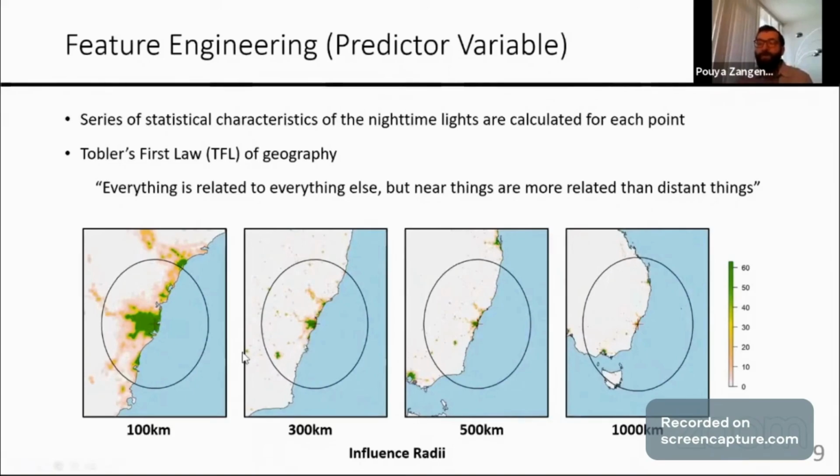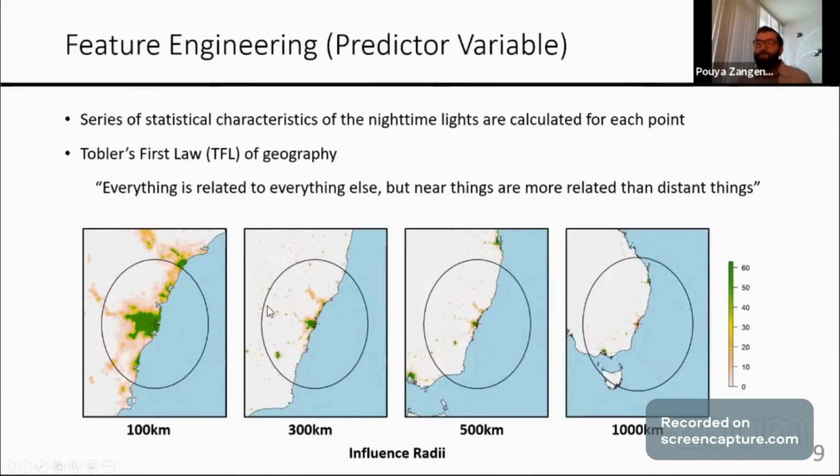So we defined certain classes of features with certain radii of effectiveness around any point, that would be 100, 300, 500, and 1,000. Again, we chose these based on their significance within our model. We masked out the seas and open waters and calculated specific features of the intensity and the distribution of the night lights within that radius of effectiveness.